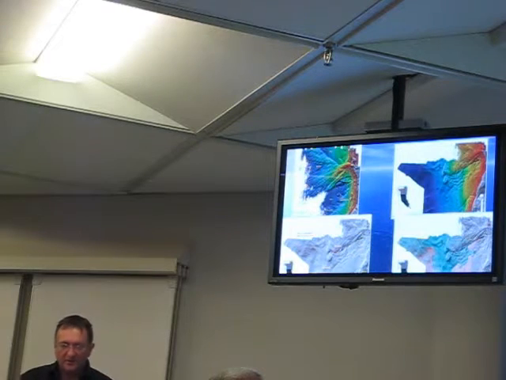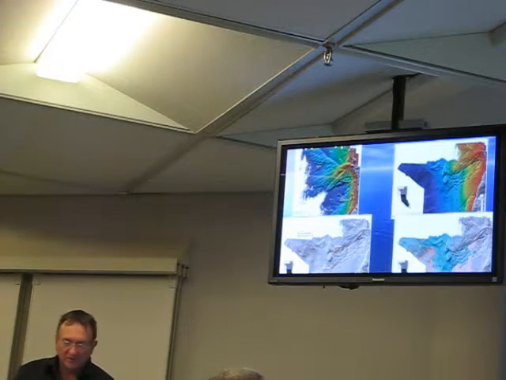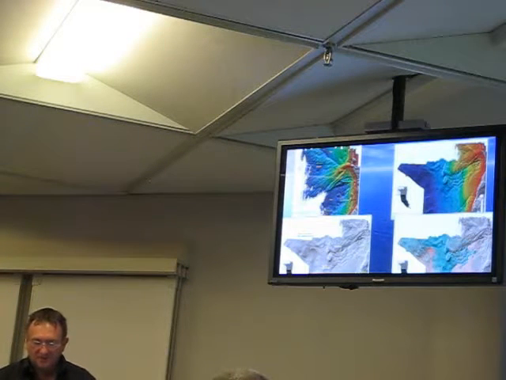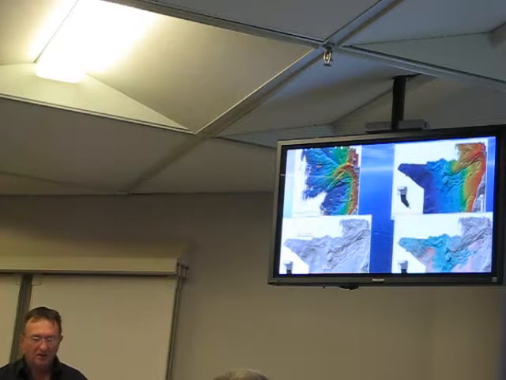What did we do with that data set? We're processing it for charting, but in conjunction with GSC, our geologist at BIO, John Shaw, we've taken, so I'll just go through these four. So this is the LiDAR coverage. Then we went back with our acoustic multi-beam systems and started where the LiDAR left off, which is about here.